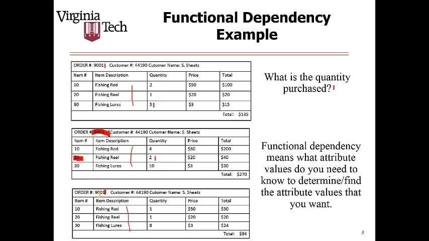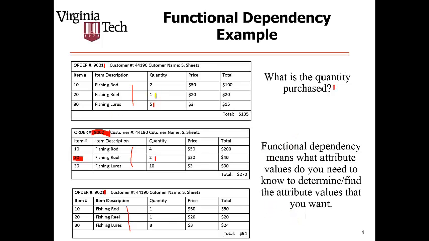But I'm going to say this time, all right, well, the quantity is for item 20, right? And now you have to ask, can you tell me what quantity I want? Not really.